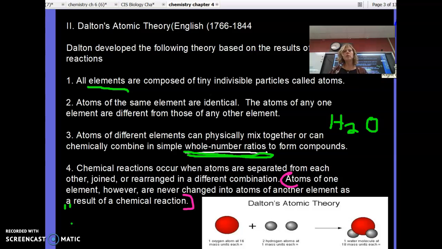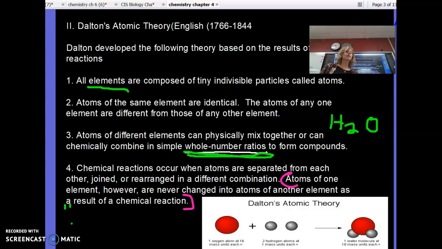So is this true? Well, for everything that we do in this classroom, it's absolutely true. However, there are cases in which atoms of one element actually are changed into other elements.